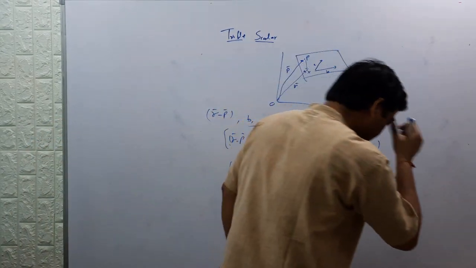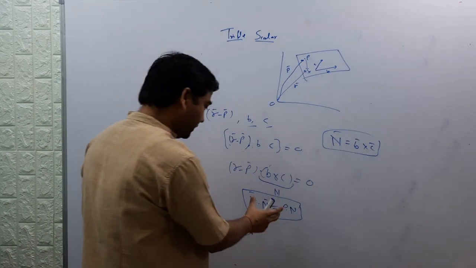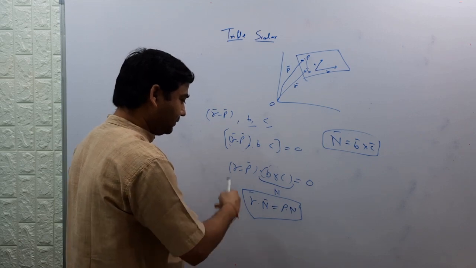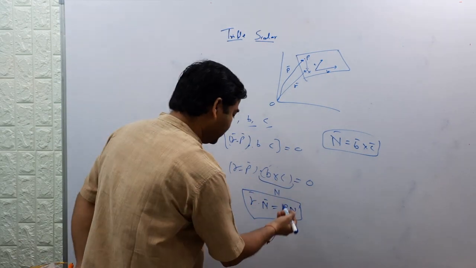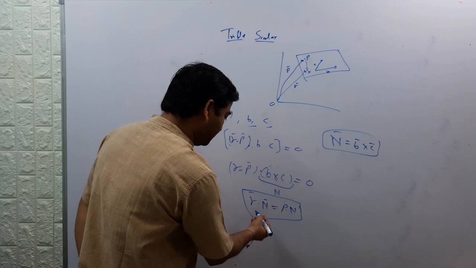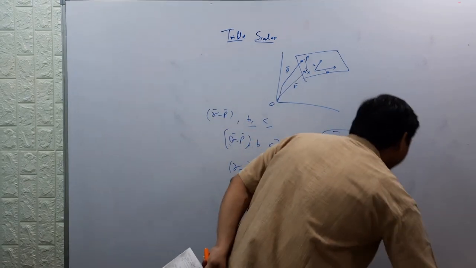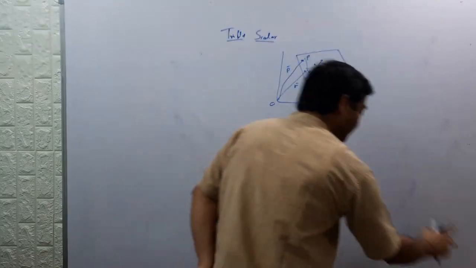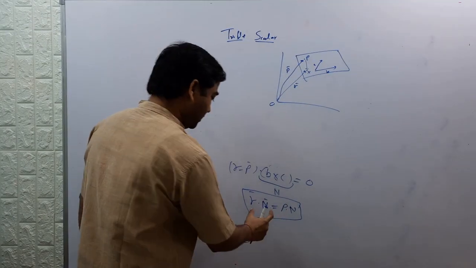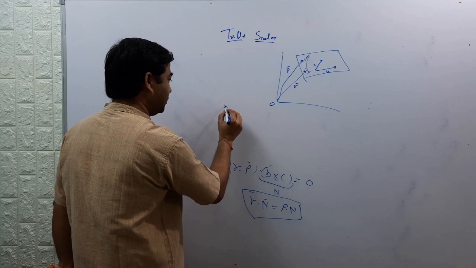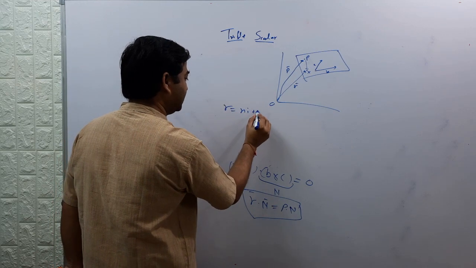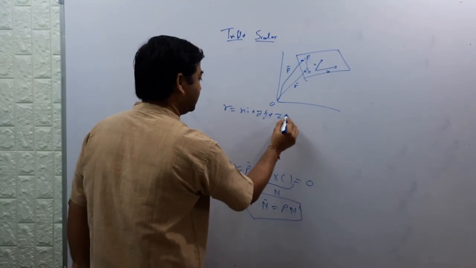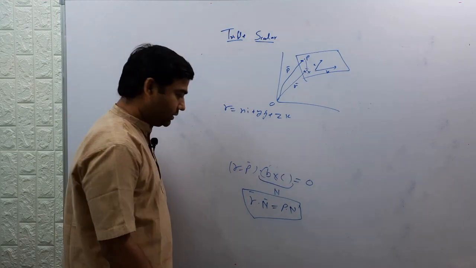So let us take the form of this equation. What will be the form of this equation? We will take an example actually. Put R equal to xi plus yj plus zk, that is a general point.